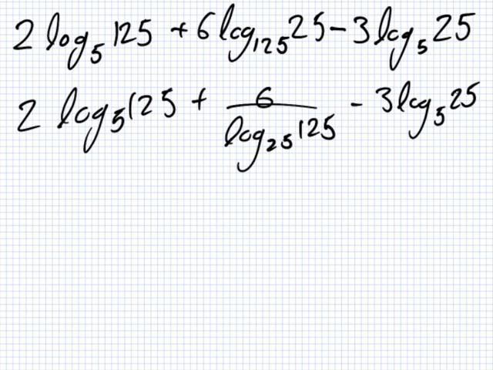Now, my advice here: these questions are usually a little easier when the base is smaller than the argument. So that's why I swapped them. Now, let's change the base here so we can make them all the same base.